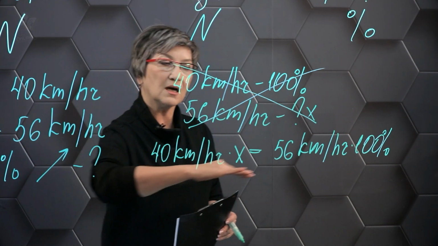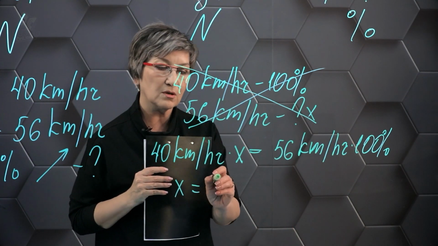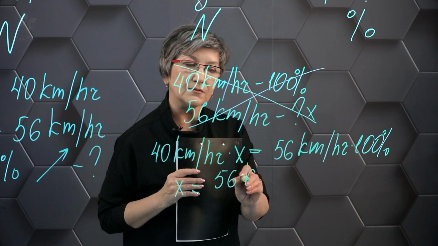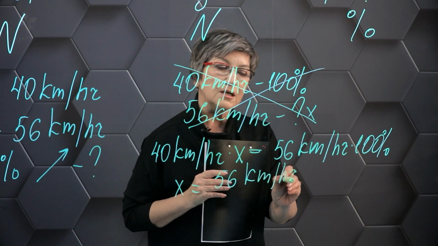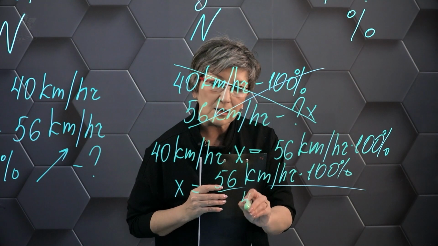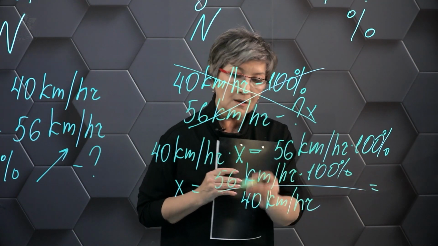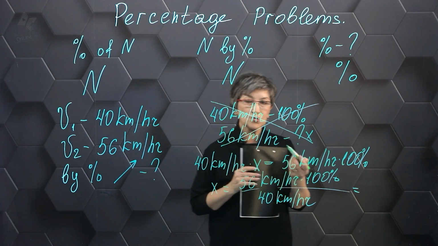Now we have an equation again that we know how to solve. X equals 56 kilometers per hour multiplied by 100% and divided by 40 kilometers per hour. Solving this proportion, what do we get?